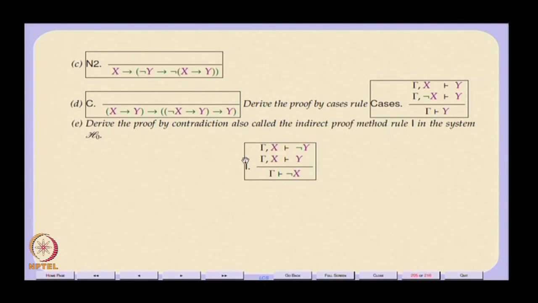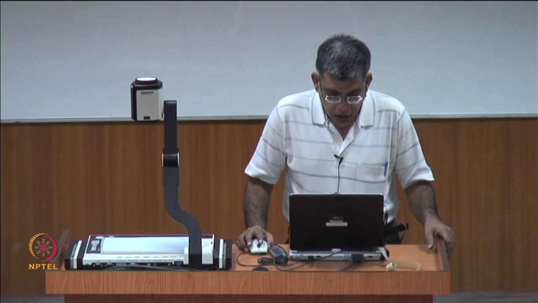These are certain basic proof methods which we have to justify. The main question is: is the Hilbert system, with just those three axiom schemas and one rule of inference, powerful enough to capture these kinds of proof methods used in mathematics? And the answer is, if you can derive these rules, then it can actually give you these proof methods.